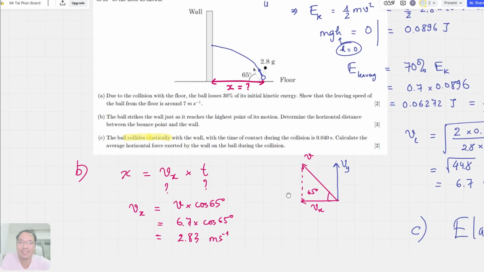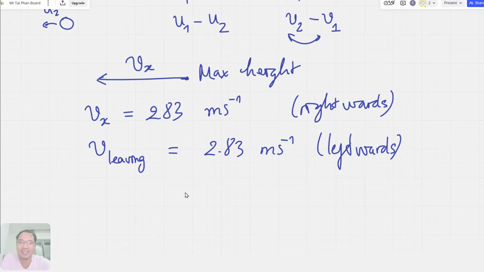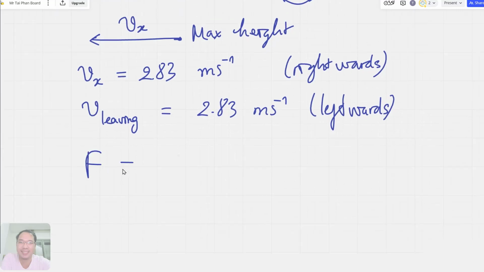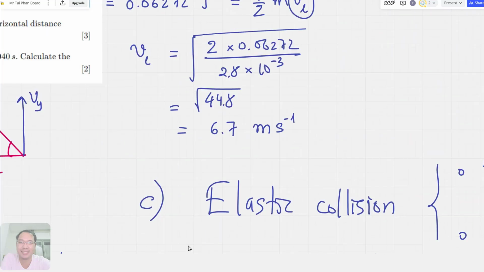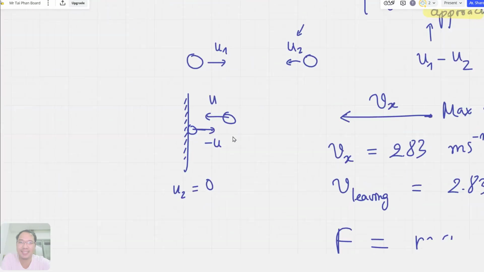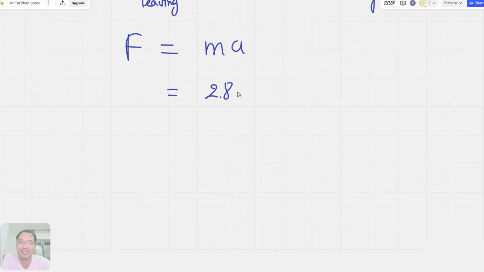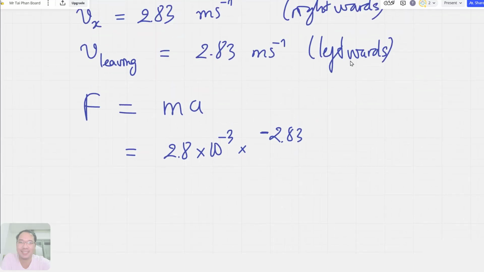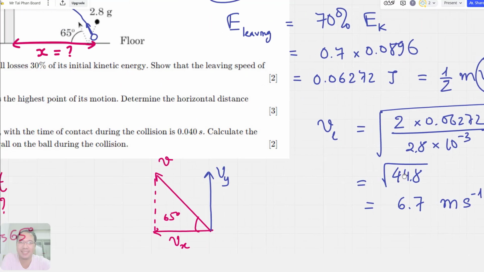To find the force, we use Newton's second law, mass multiplied by acceleration. The mass of the ball is 2.8 times 10 to the power negative 3 kilograms, 2.8 grams. The acceleration is the final velocity, negative 2.83 because it is leftward, minus the initial velocity, 2.83, divided by the time of collision, 0.04 second.